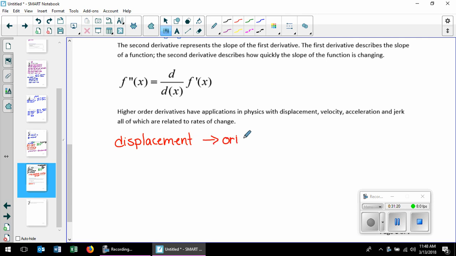Displacement is the original function. So when we talk about displacement, that always is referring to your original function.